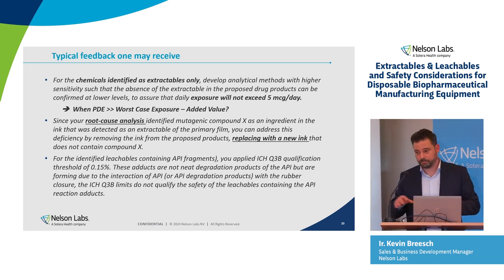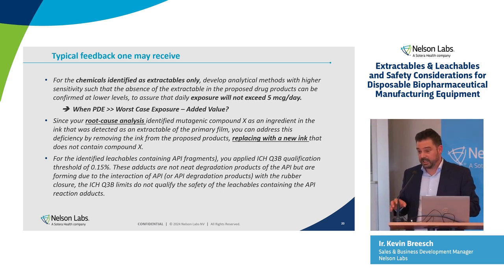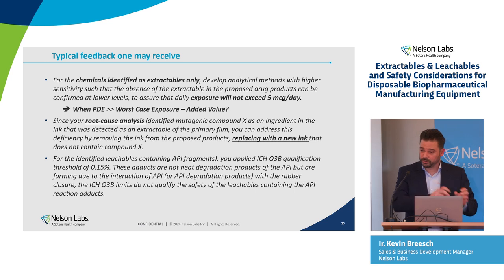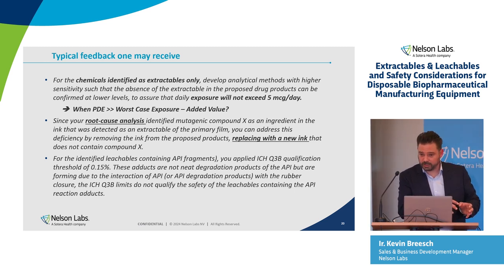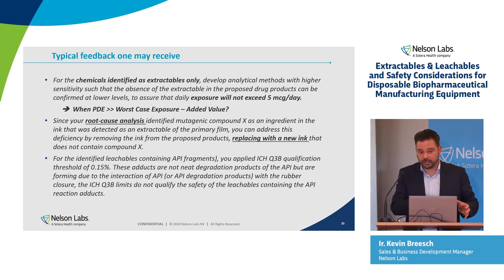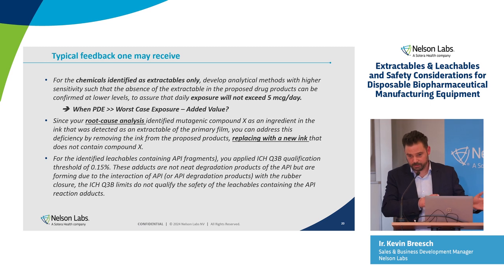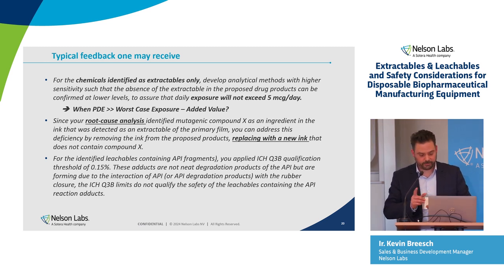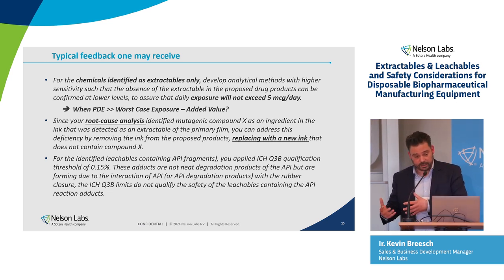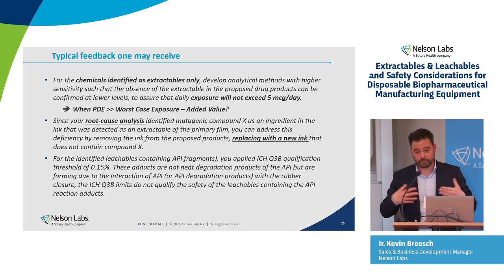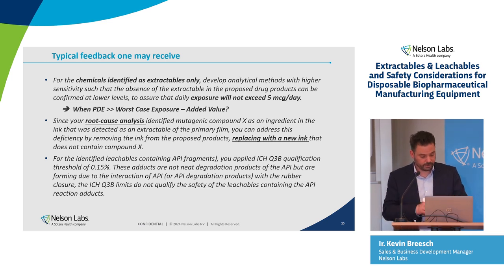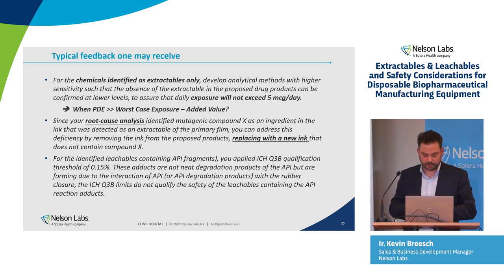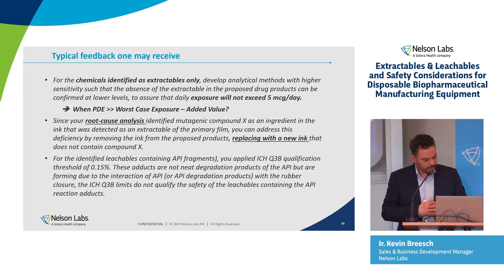ICH M7 is control of mutagenic impurities. If you do not know the source of your mutagenic impurity, you can hardly be in control of that impurity. So that's very important. And even if it's there, they can also ask you to remove it to reduce these mutagenic impurities from your product.